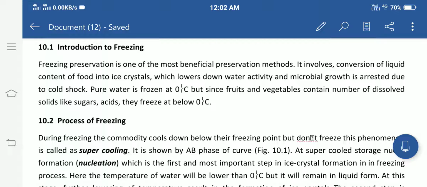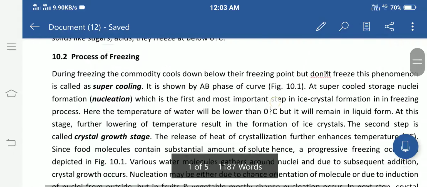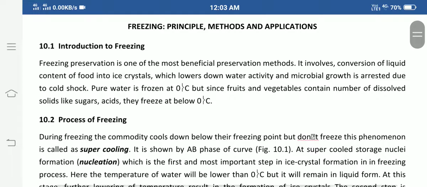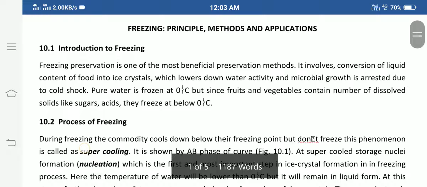Now, how can water activity be measured? Water activity is measured through the vapor pressure.